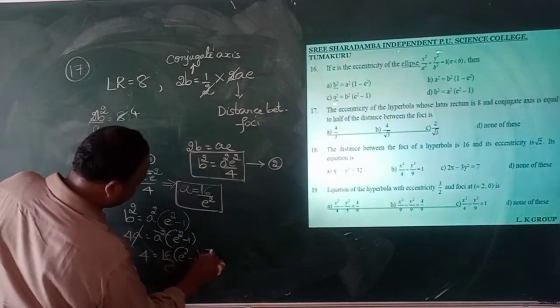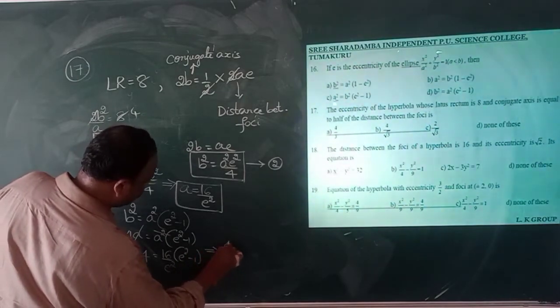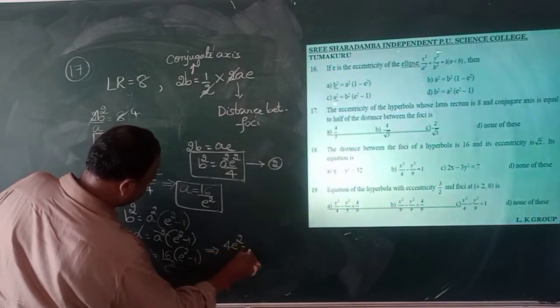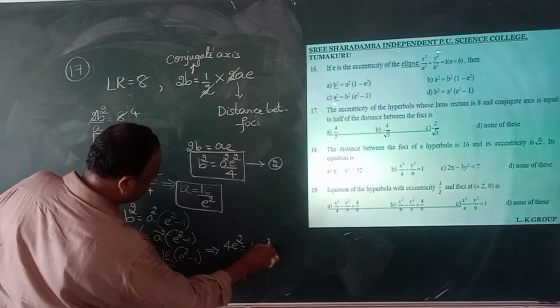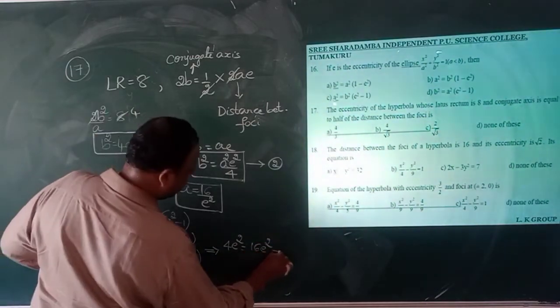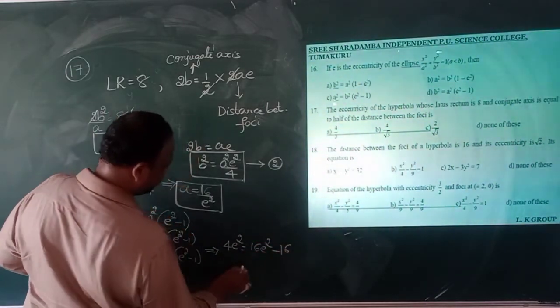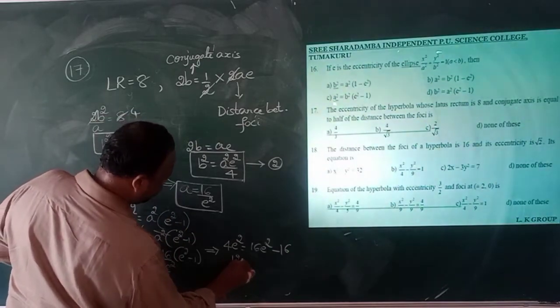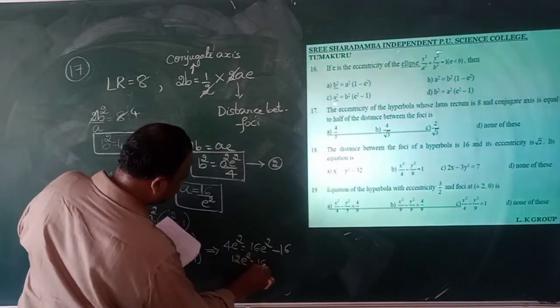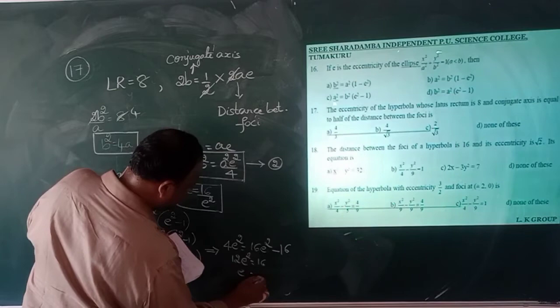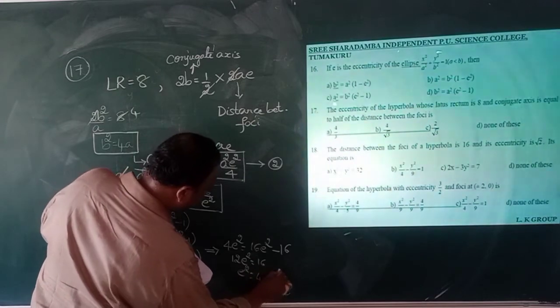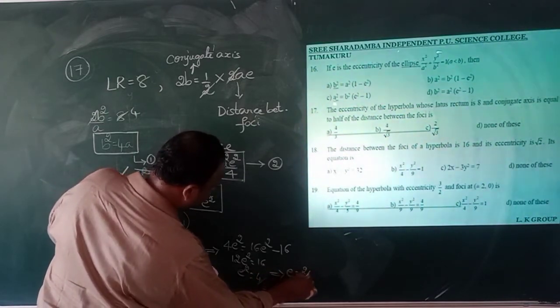So cross multiply this: 4 e square is equal to 16 e square minus 16. So this will be 12 e square is equal to 16. e square will be, 4 fours are 4 threes are, e square. e is equal to 2 by root 3.